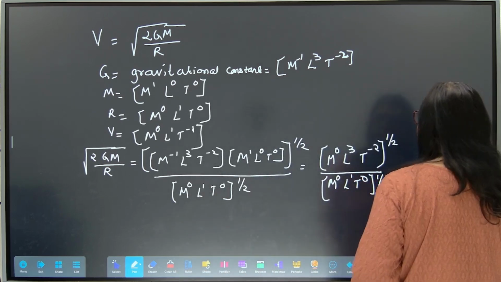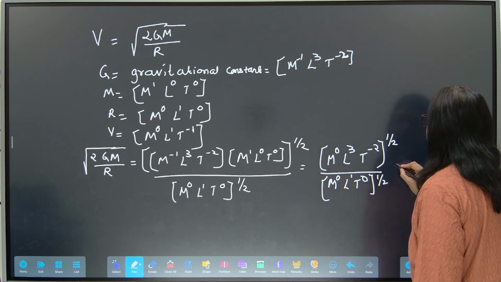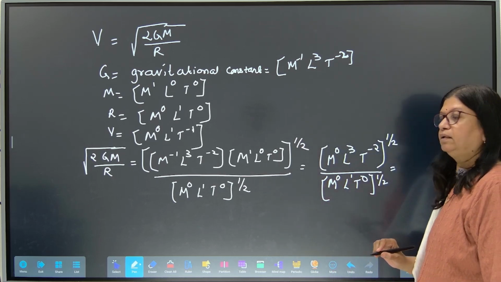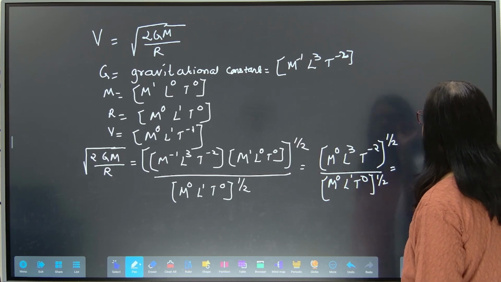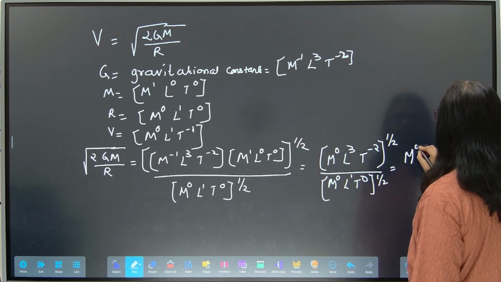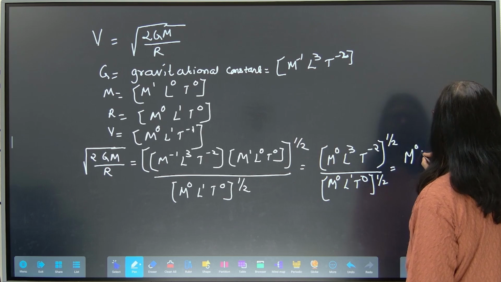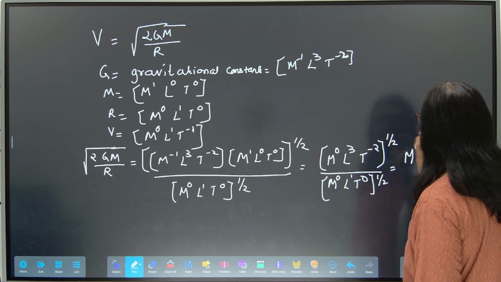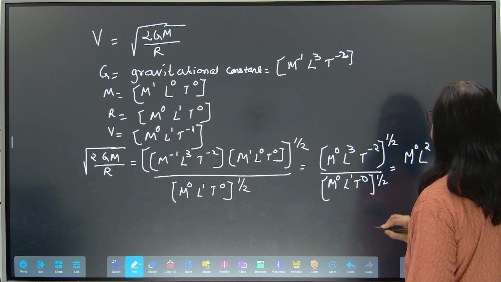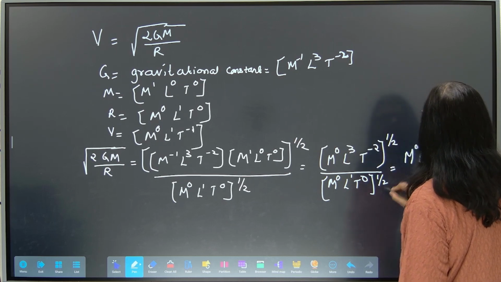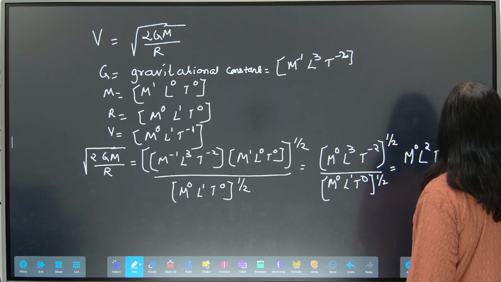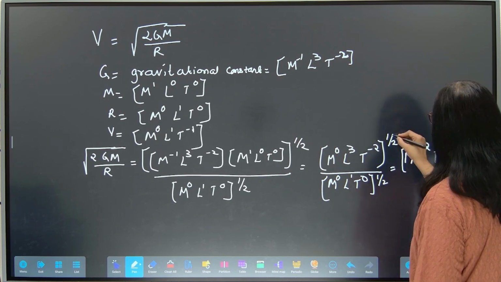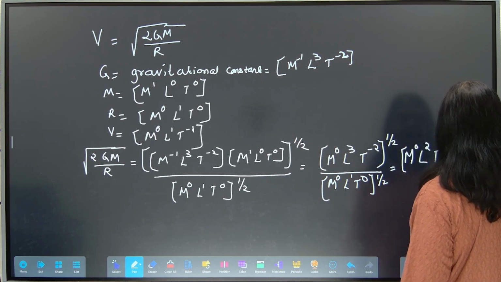So now let me subtract the denominator from the numerator. M0 minus 0, 0. L3 minus 1, that is 2. And T minus 2 minus 0, negative 2. Now I have subtracted, and because both the powers are half, I will put half.